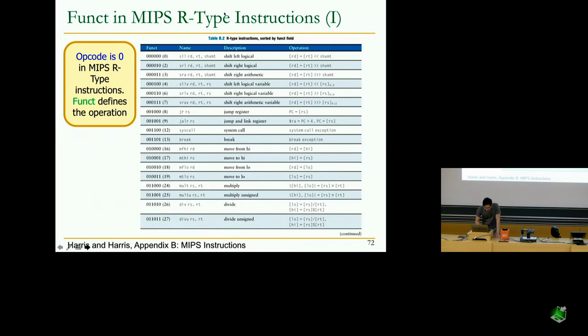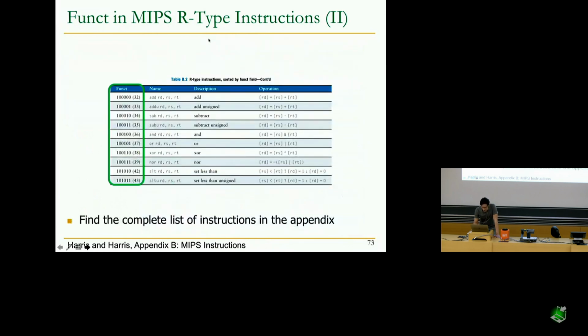You can see some of them. You're already familiar with JR, for example, it's here, or even this shift left logical or shift right logical that I mentioned in the beginning of the lecture. And here you can see a few more. For example, add or sub or XOR, etc.